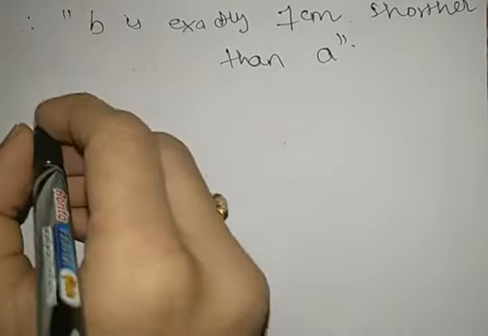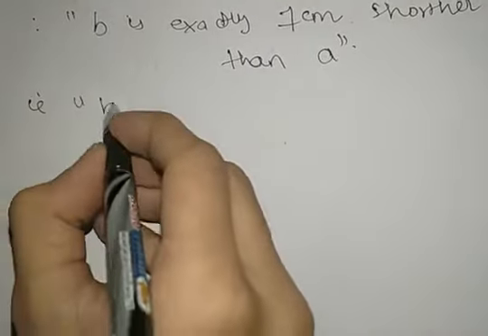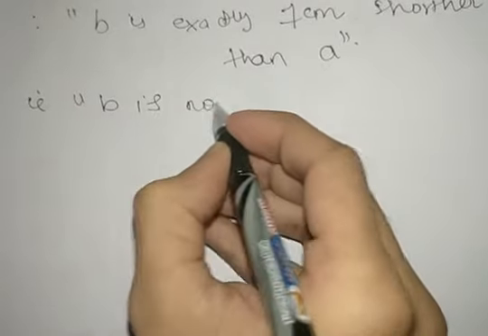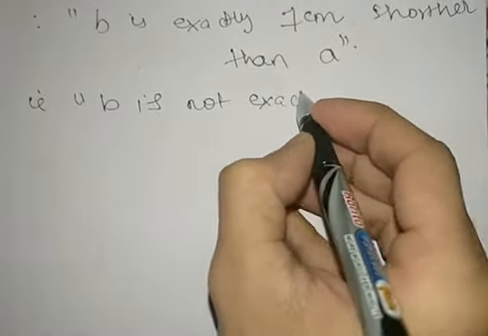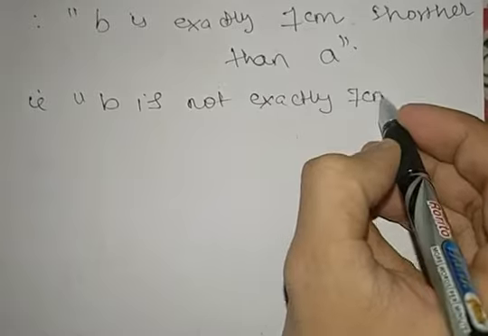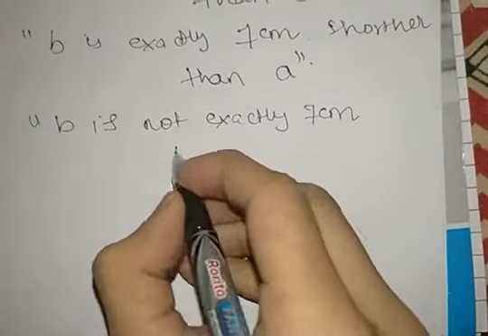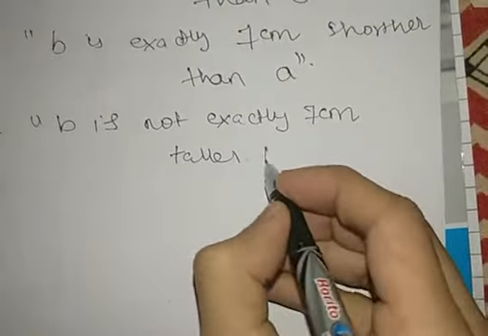So b is not exactly 7 centimeter taller than a.